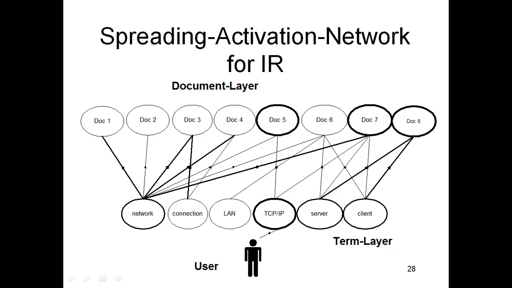Of course, it could happen that terms get activated that I'm not interested in. This also has negative effects, obviously. But it's a spreading, and it's called spreading activation, as we see there. The spreading of the activation can be seen as a spreading of my interest in a closely connected network of units representing some knowledge, being documents or terms.